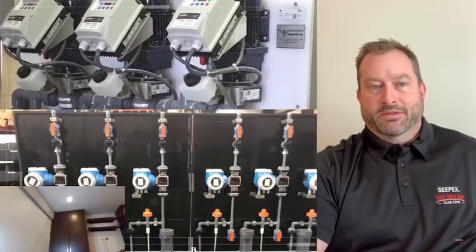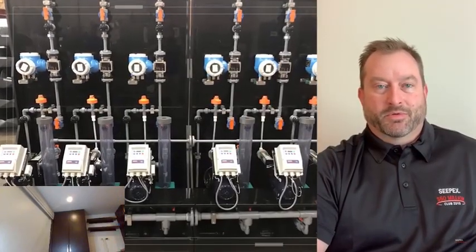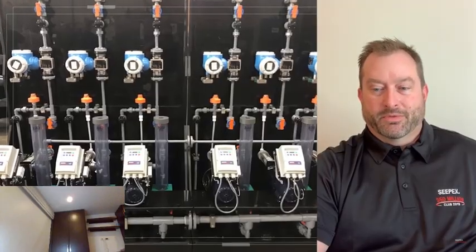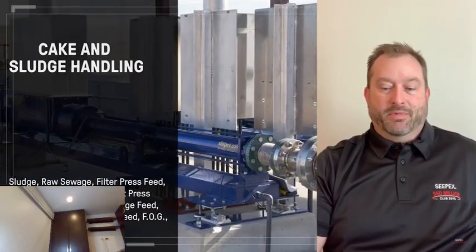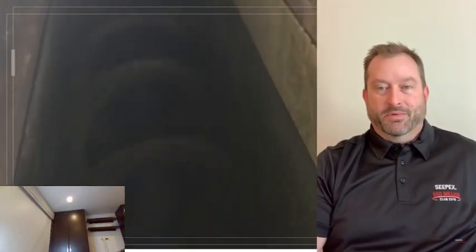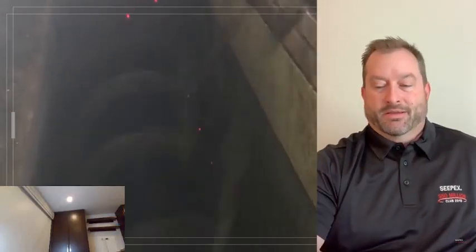So we do a lot of these thin metering chemicals, and then we also turn around and we do dewatered sludges, cake coming off a belt press. It could be 45% dry solid. So it's a pretty unique pump, and it can handle such a wide range of material like that.